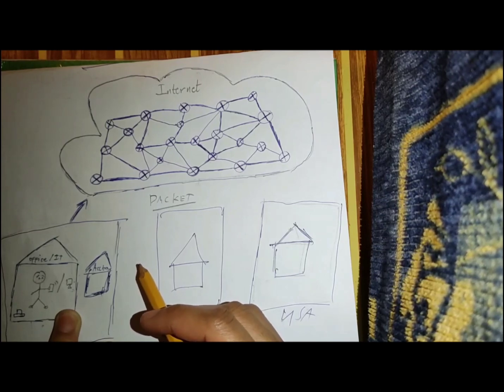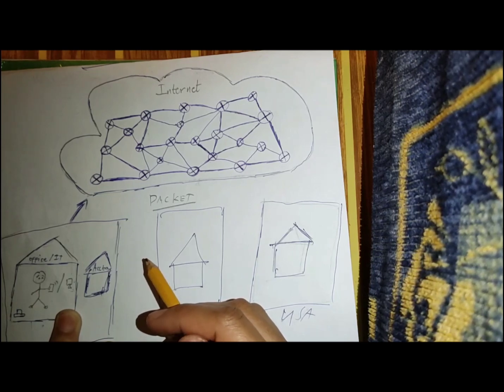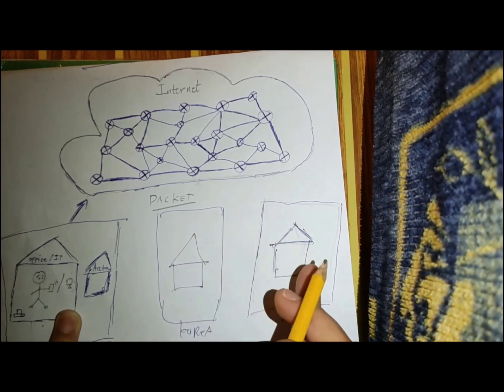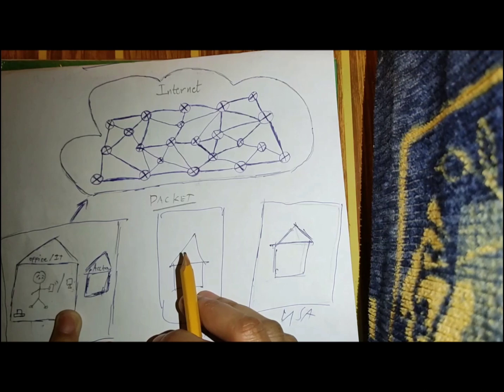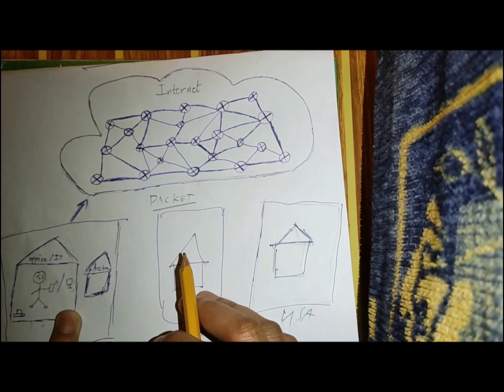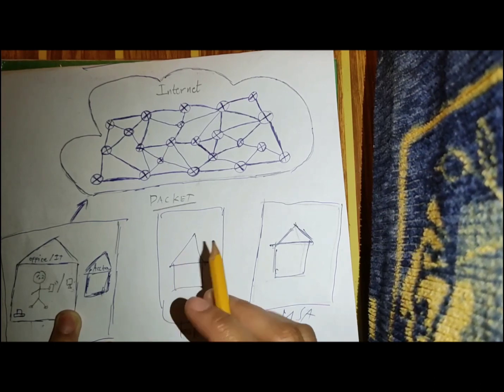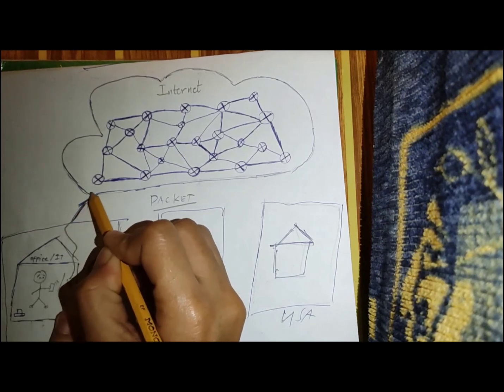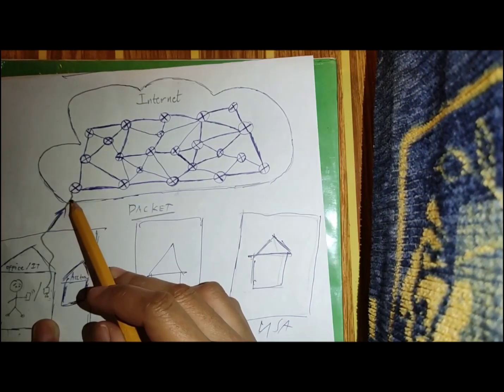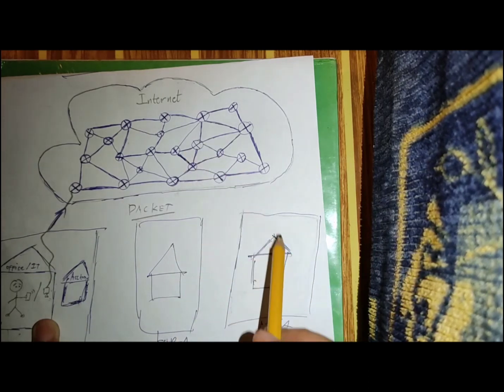After the router receives the packet, it reads the destination address, which is in the USA. So what the router does is send the packet to the internet until it reaches the destination.